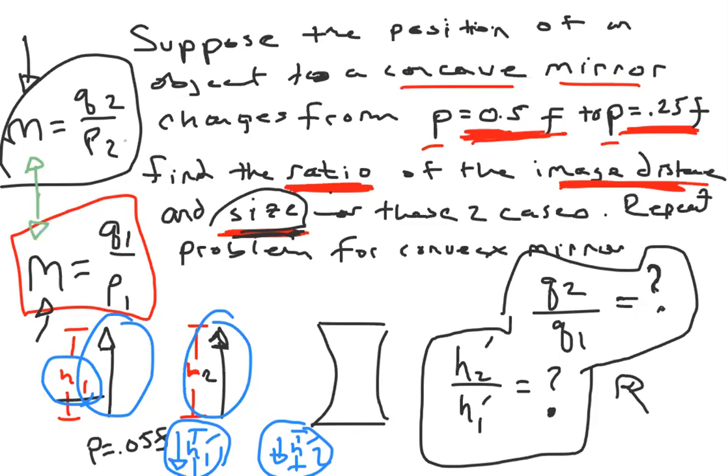But Q2 over P2 and Q1 over P1, I don't know if those are going to get us the same numbers or not, right? So I would be very careful about saying that they're equal. I know you're thinking, well, it's the same mirror, right? But if the image is getting closer to the mirror, things are changing. Does that make sense? And that's essentially the idea.